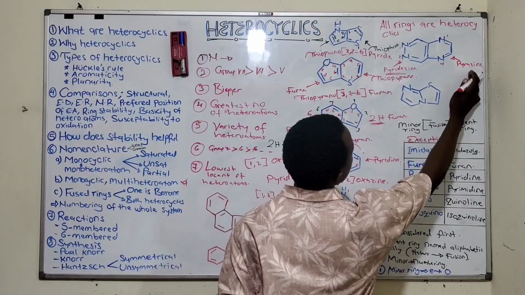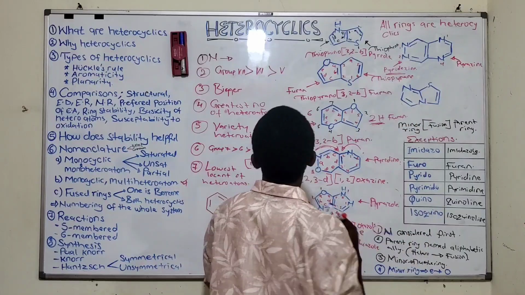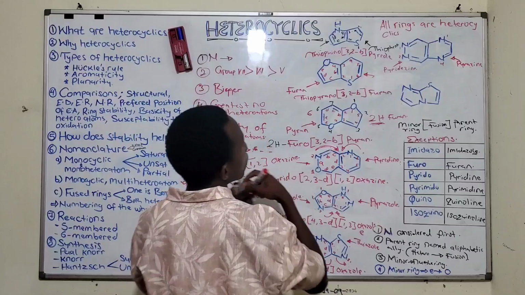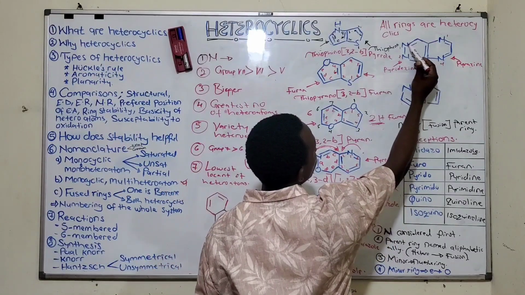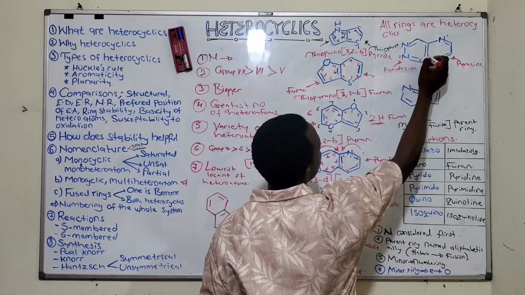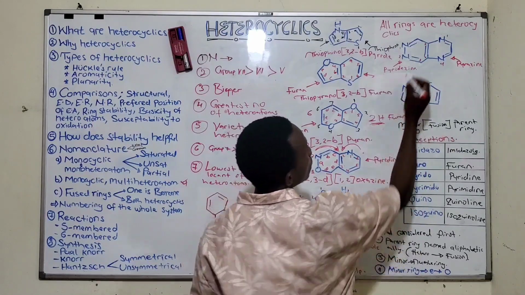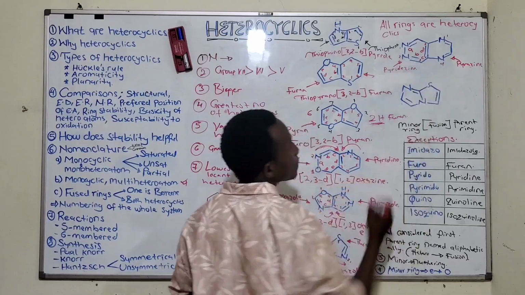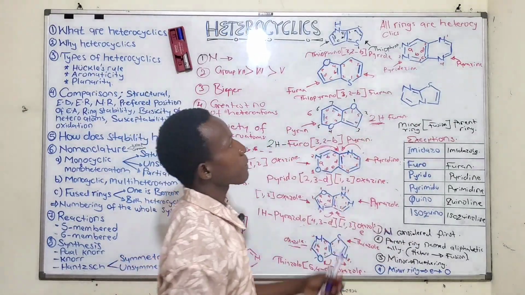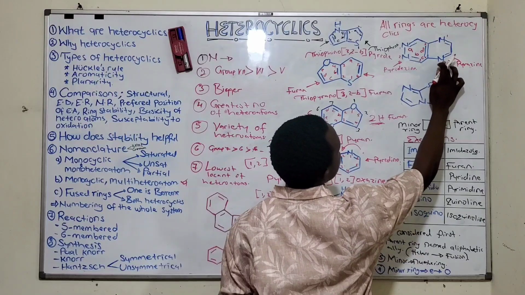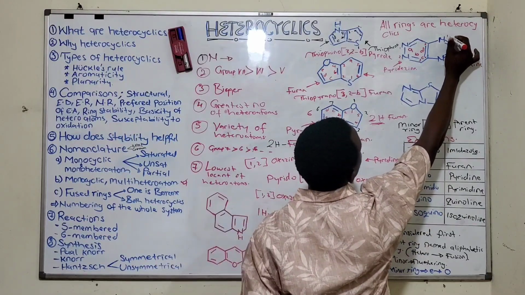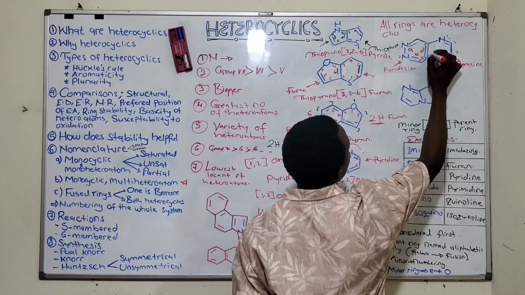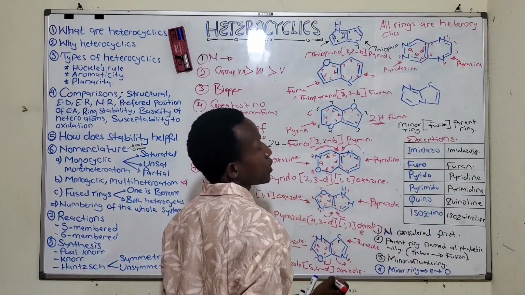Therefore, the name. Now, if you're labeling this one will be position 1, 2, 3, 4, 5. So the faces will be A, B, C, and D. Then when you're labeling this one will be position 1, this is 2, 3, 4, 5, and 6.